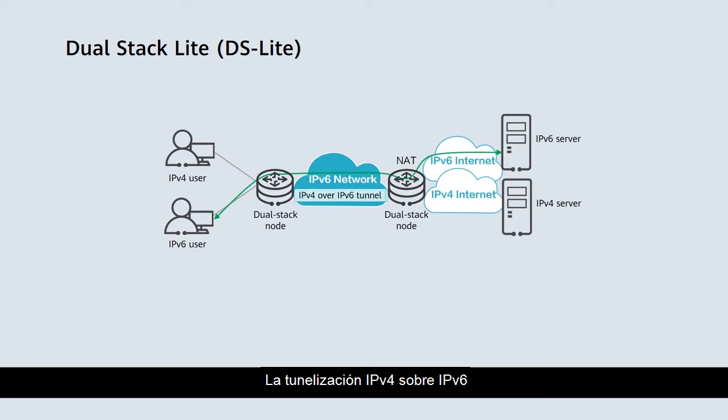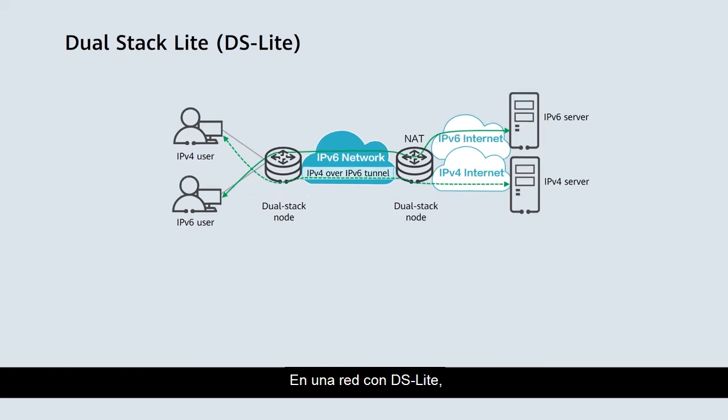IPv4 over IPv6 tunneling is used to carry IPv4 services on the IPv6 network, and NAT is performed on the CGN devices to translate between public and private network addresses, so that IPv4 users can traverse the IPv6 network to access IPv4 internet servers. On a network running DS Lite, two new roles are introduced: B4 and AFTR.